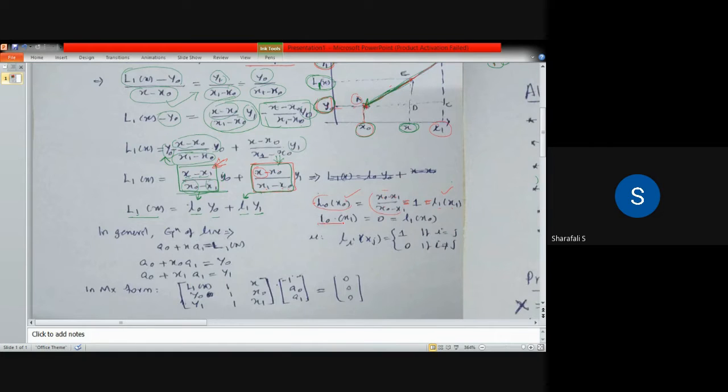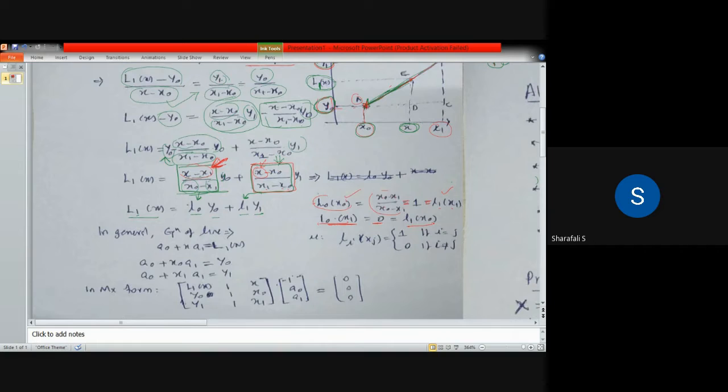Similarly, if you consider L0 of x1, which means in this L0 we are substituting x1 for x, this numerator will become 0. So L0 will become 0. Similarly, if you substitute x0 for x here, then this term also will become 0. So L0 of x1 will be equal to 0.